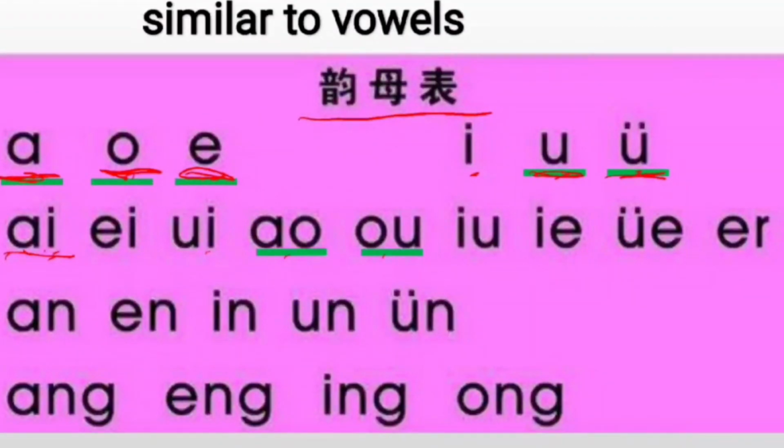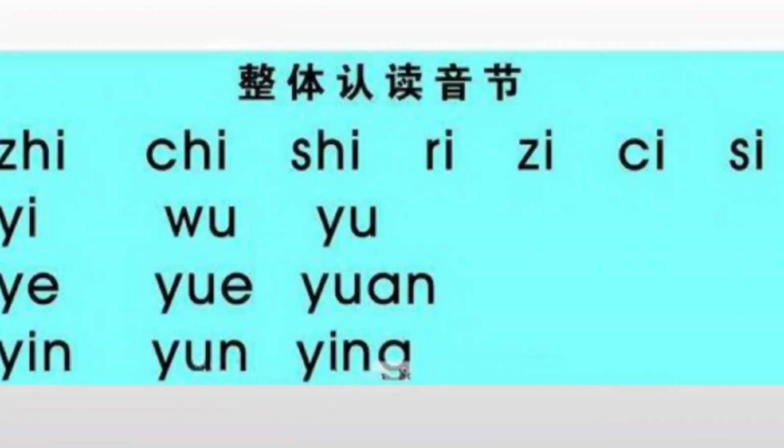And then you can try to pronounce the third line. It's like an, in, un. And the fourth, ang, ing, ong. That's pretty much it. So you only have to pay attention to the little green line. 整体认读音节 means those you put together may be tricky for you to pronounce. Then it's easier if you can remember them as a whole. But at the same time, you can also pronounce them.